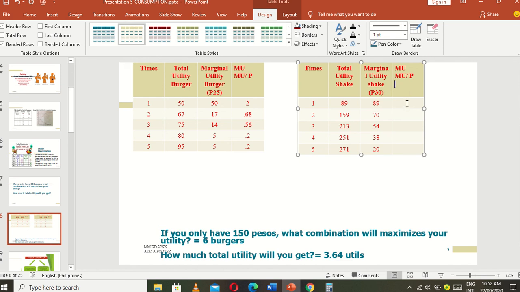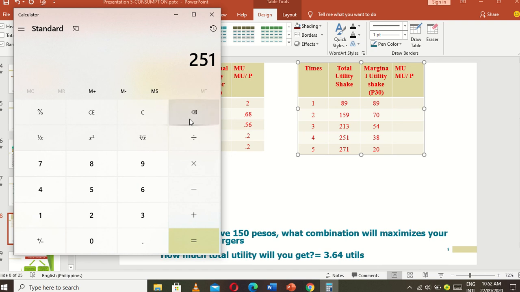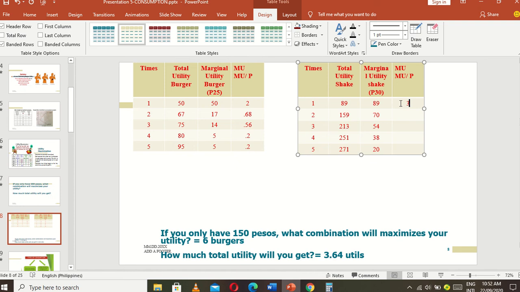We're just going to divide the marginal utility by the price. So, marginal utility is 89. 89 divided by the price of the shake, which is 30. That makes it 2 point, or round off, 3.